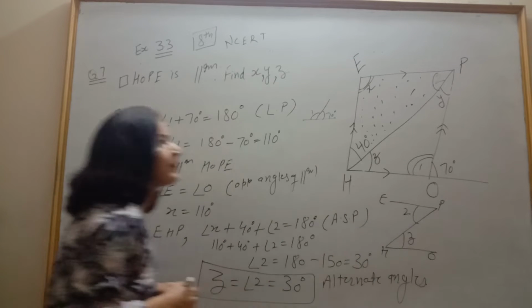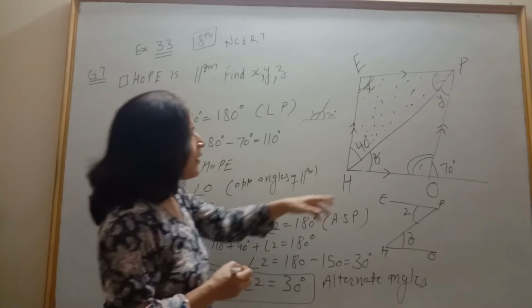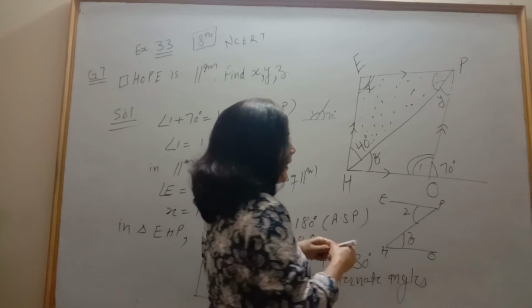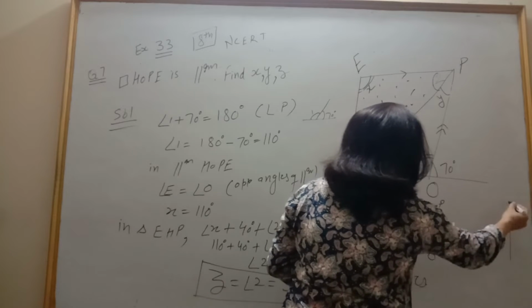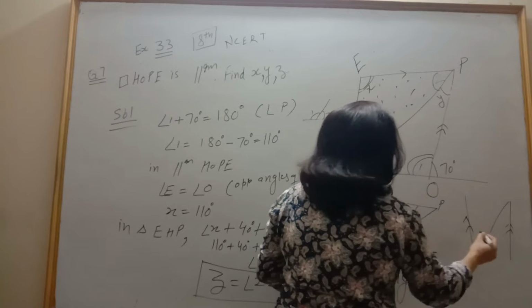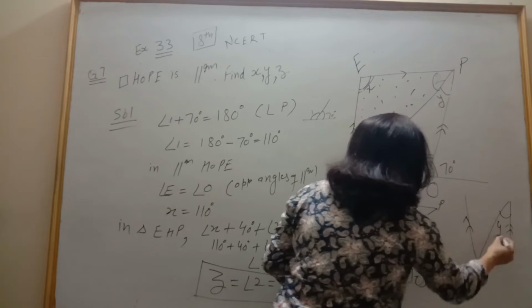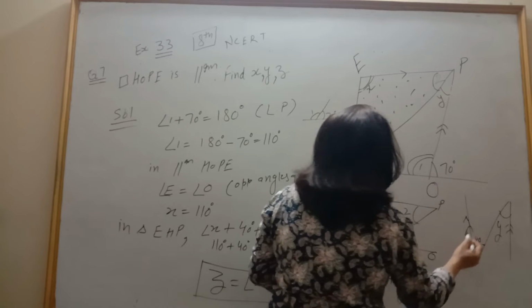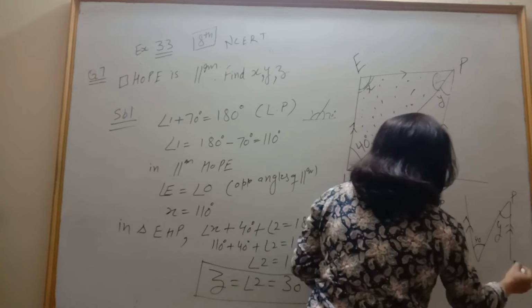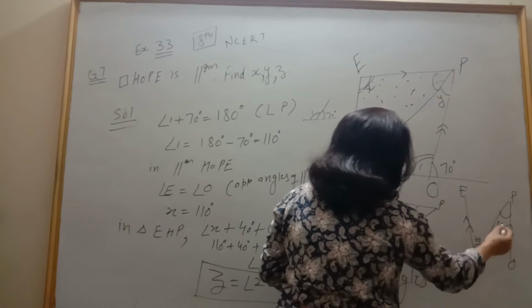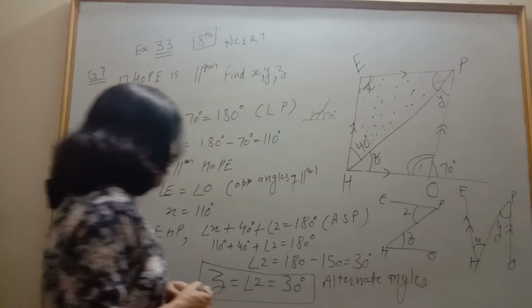In a similar way, angle Y and angle 40, they are also alternate angles. In this case, we will consider these two lines parallel. So here it is Y and this one is 40, and PO is parallel to EH. So in this way Y and 40 are alternate.